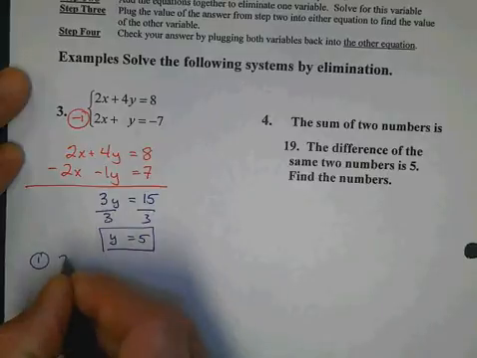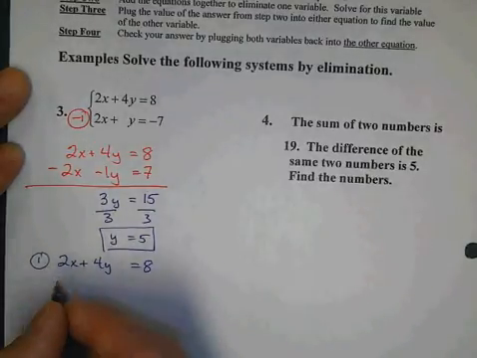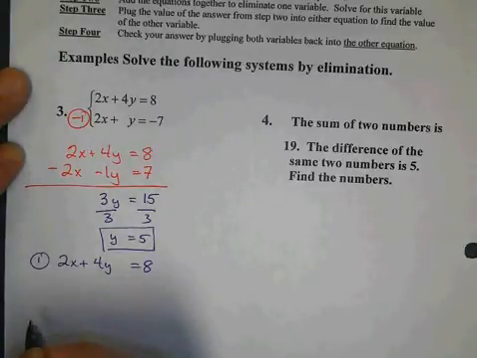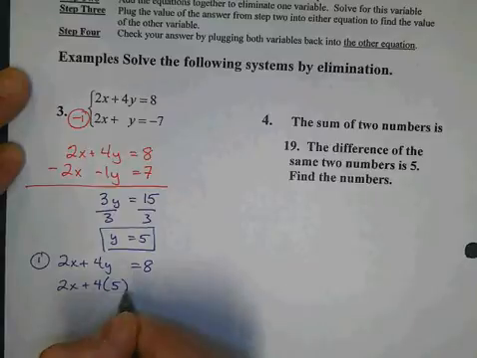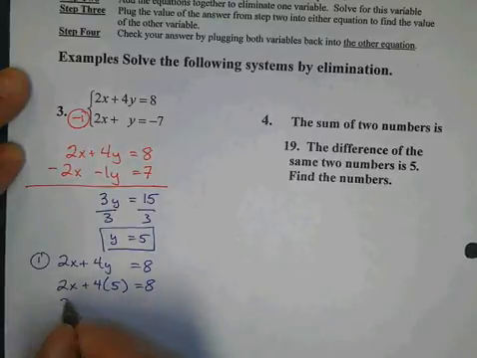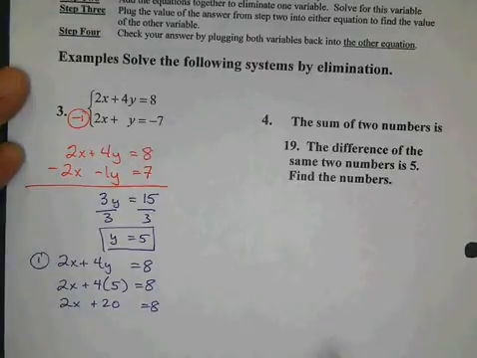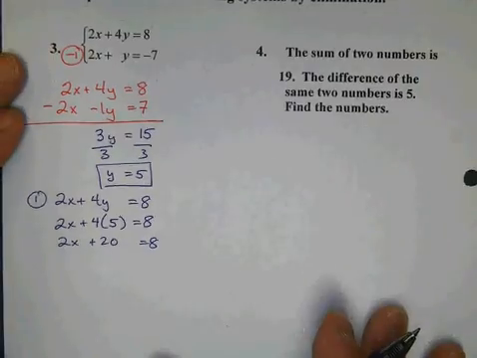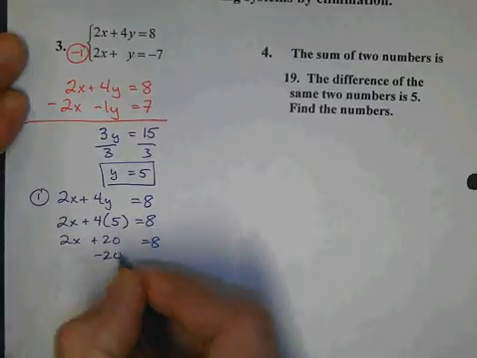Okay. So 2x plus 4 times 5 equals 8. So 2x plus 20 equals 8. Can you go from there, Noah or Drew? Subtract 20.